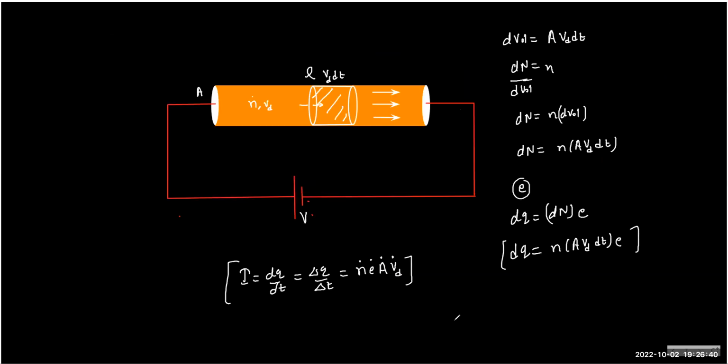So we got the current answer. Now remember this: I equals neAVd. Everyone, say it loud.